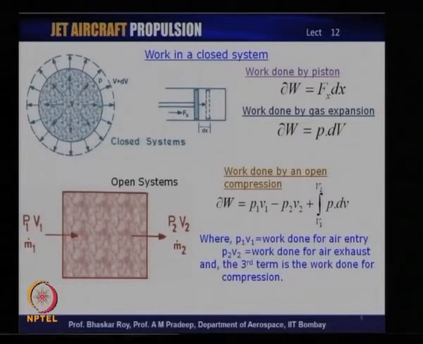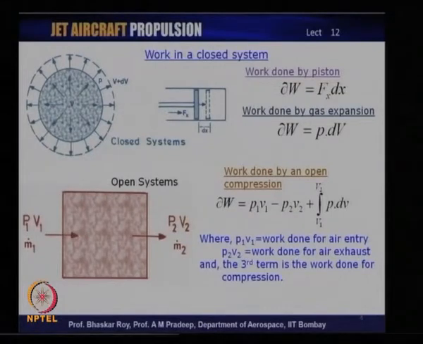Now, the third term is the work done for the compression process. The first term is the work done for the air entry, and the second term is the work done for the air exiting the system. So, in an open system, it enters the system with a certain amount of work, it exits the system with a certain amount of work, and during its residence time within the system, a certain amount of work is done.